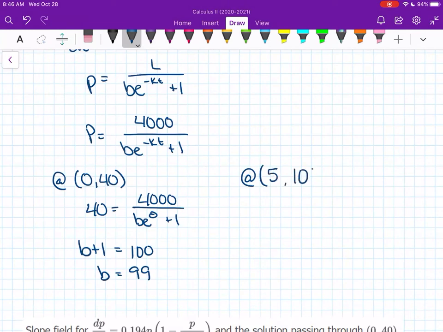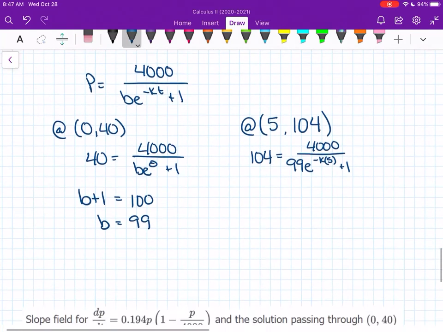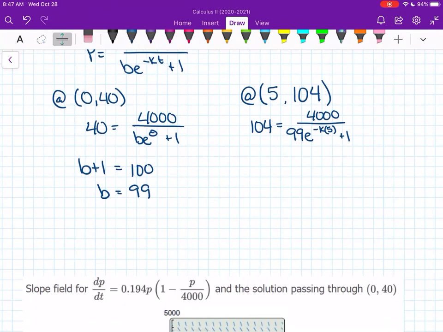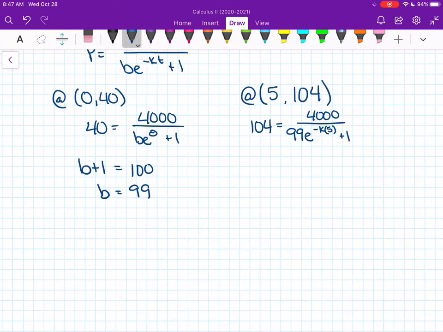Okay. And then my second point was after 5 years, there were 104 elk. So I'm going to plug that in. So I get 104 equals 4,000 divided by 99 e to the negative k times 5 plus 1.